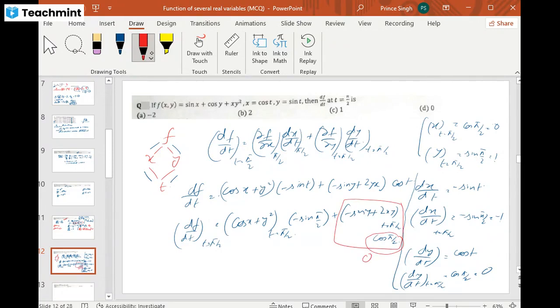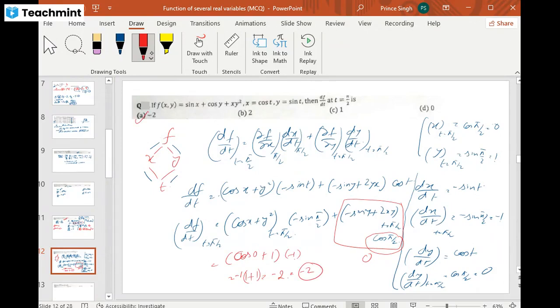And x at t equal to pi by 2 is 0, so this is cos 0, and y at t equal to pi by 2 has value 1. So the answer is 1 plus 1, which is 2, into minus 1, so its value comes out to be minus 2.